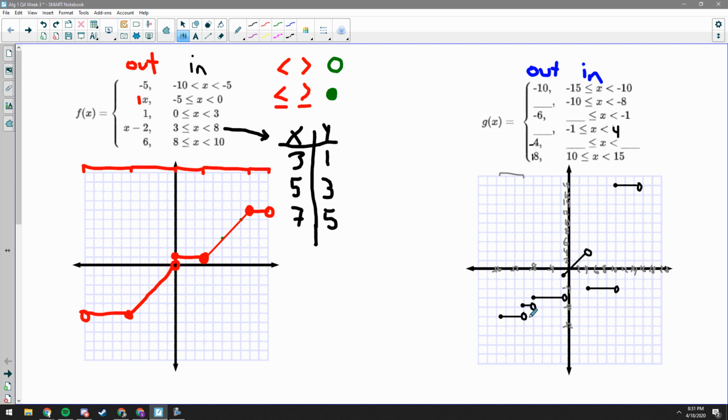The next one, between negative 10 and negative 8, which is this range right there, our output is always negative 8, which means I can take my negative 8.